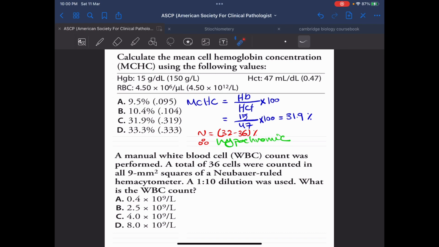Question number 2. A manual white blood cell count was performed. A total of 36 cells were counted in all 9 square millimeters of a Neubauer ruled hemocytometer. A 1 to 10 dilution was used. What is the white blood cell count?